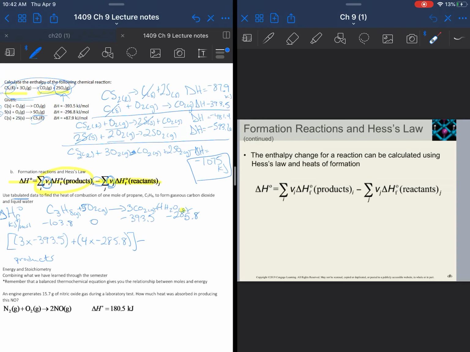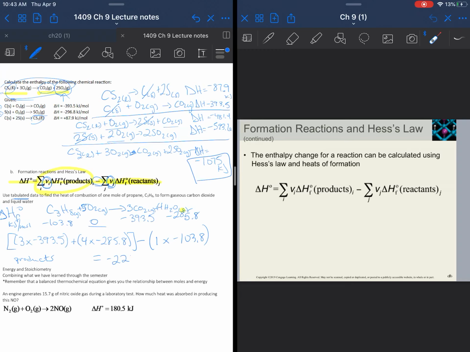And to that, we're going to add 4 times negative 285.8 for the water. Then we're going to subtract the reactants, I'm so sorry, that's going to be 1 times negative 103.8. I leave out oxygen because 0 times 5 is just adding 0.